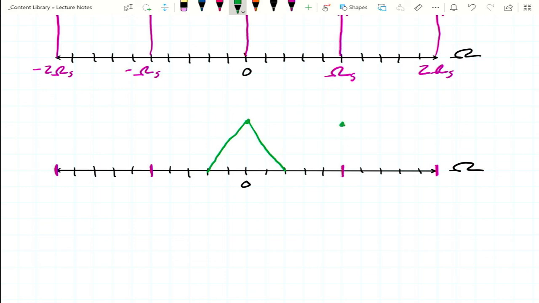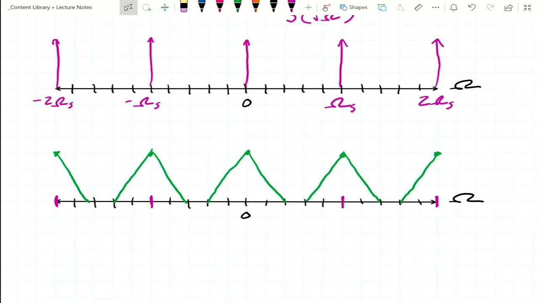What happens is the signal just gets duplicated at every point where there was an impulse function in our sample sequence.